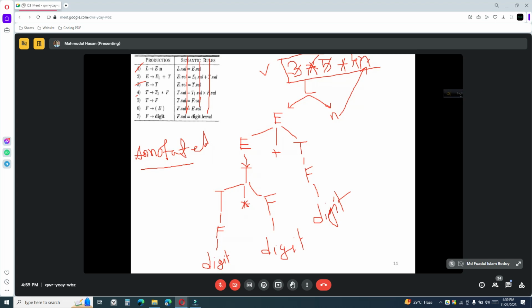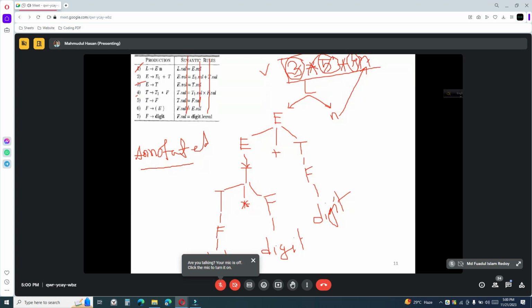So those numbers are also stored in a symbol table. Those values we get in the lexical analysis phase, so we can consider 3, 5 and 4 as lex values.